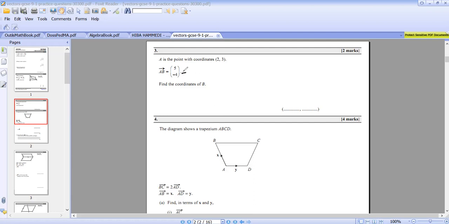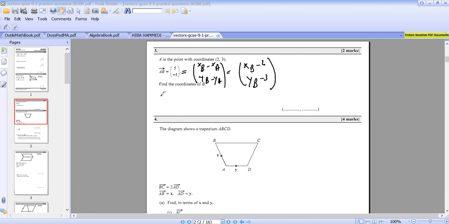Well, the vector AB, how did we find the components of the vector? It's always xB minus xA, yB minus yA. So I already know the components for A. So it's xB minus 2 and yB minus 3. So I have two equations here.